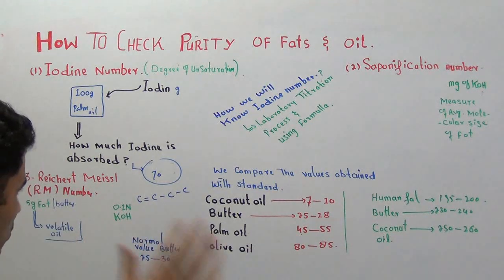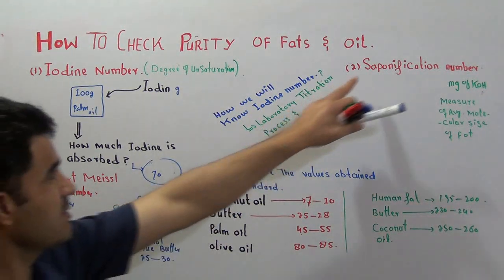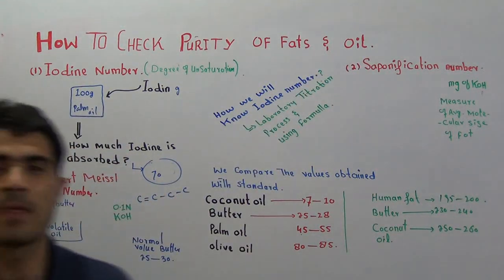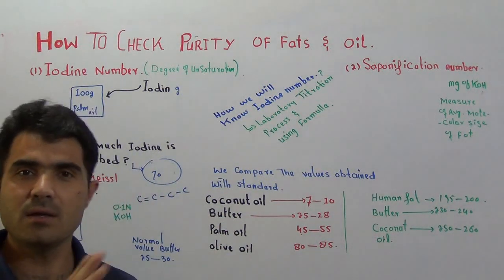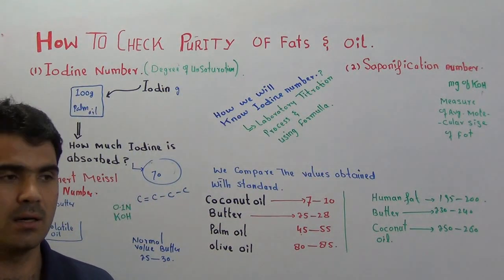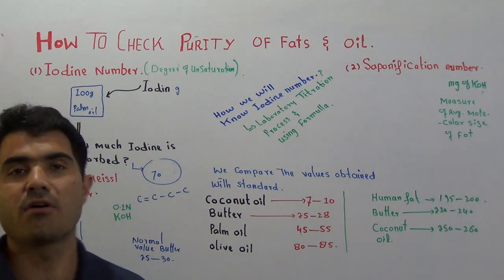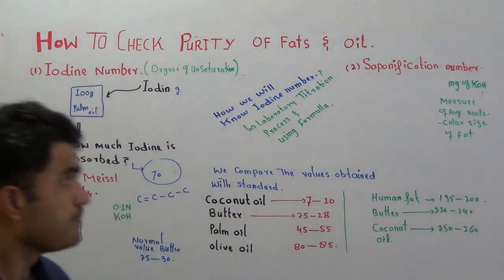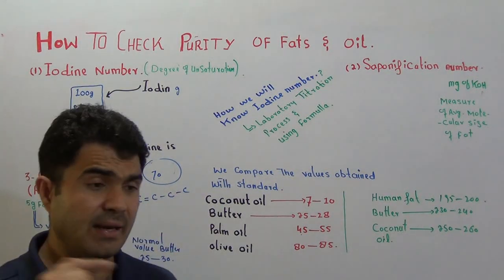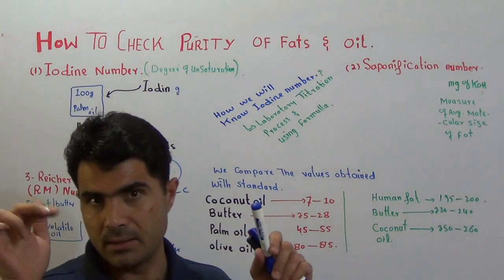Now we will come to the next test, called the saponification number. The saponification number is another test to check the purity and quality of some fats or oils, but this test targets something other than double bonds.